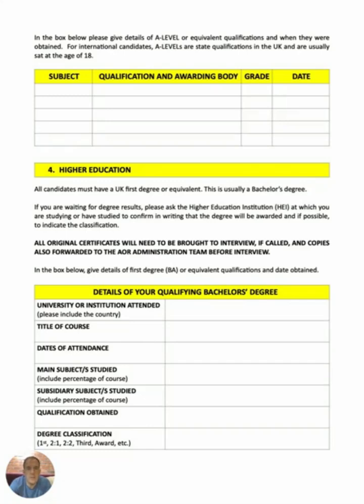Main subjects studied. Again, these are the ones that you studied most, whether that's maths, English literature, archaeology, it doesn't really matter. Just make sure that you put those, and also the percentage of the course. What they're asking there is not the grade that you got, but the amount of time that you spent doing that course.